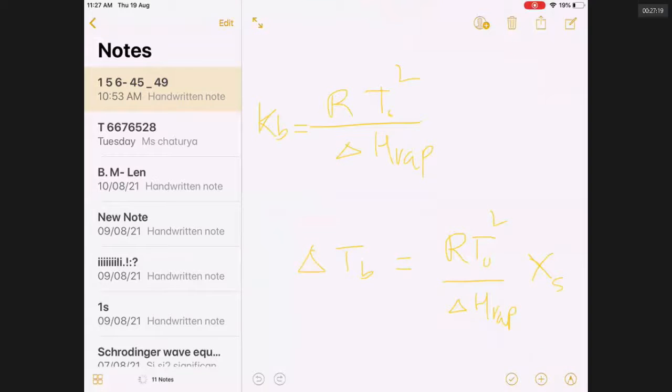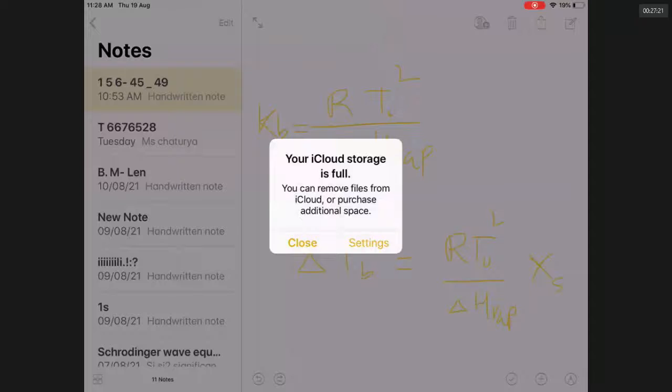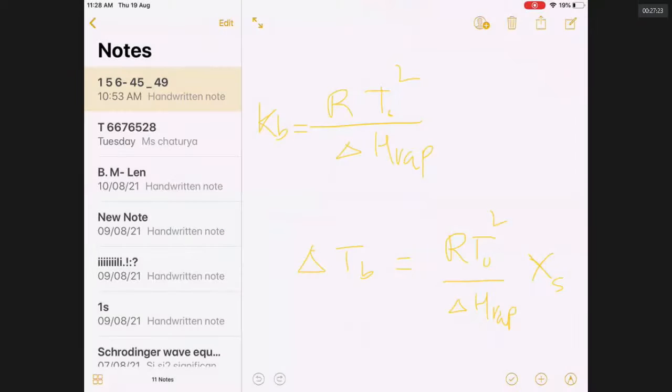T0 is the normal boiling point of water, that is 100 degrees centigrade, which is to be taken as 373.15 K. And delta H vap is latent heat of vaporization.